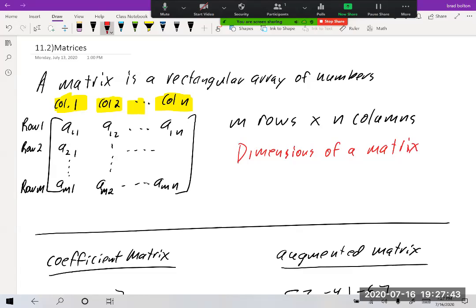In this case, m by n, so the number of rows by the number of columns. That's how you normally name a matrix. So you look at a matrix and you can say, oh, that's a 5 by 7, or that's a 2 by 3. And you're telling somebody that it has this many rows and this many columns.